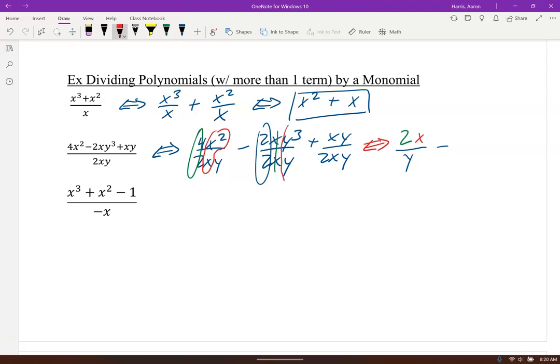And then y cubed over y leaves me y squared. So minus y squared. Let's do this last one. Then we have x over x cancels. y over y cancels. So I'm just left with 1/2.